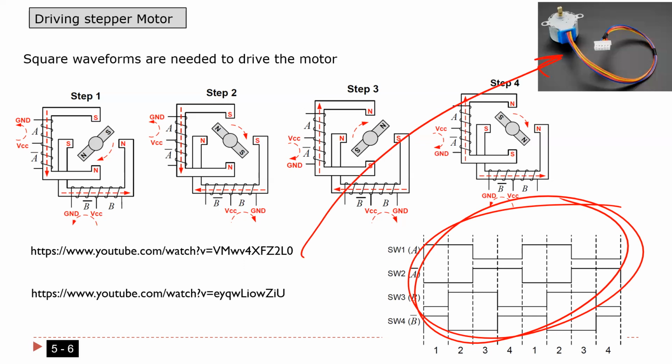For example, if you have the arm of a robot and you want to move it, they are very useful. They're used in too many things. If you want to know the details, you can watch YouTube videos. But the conclusion is, in order to use them, all you have to do is generate a square wave. Is that okay?